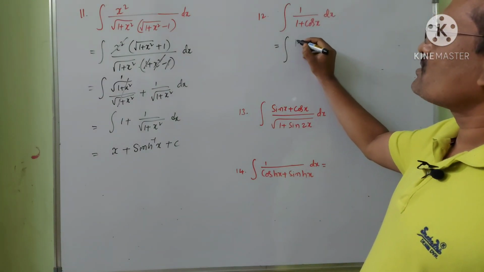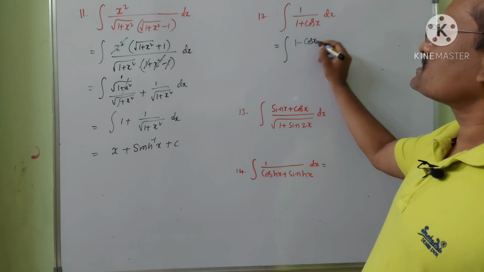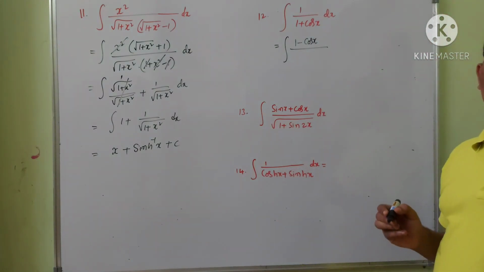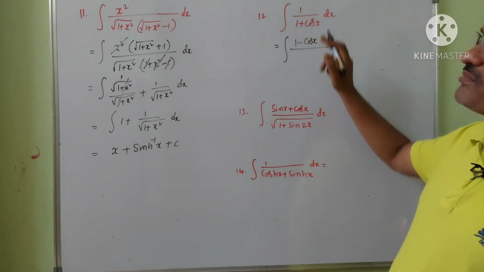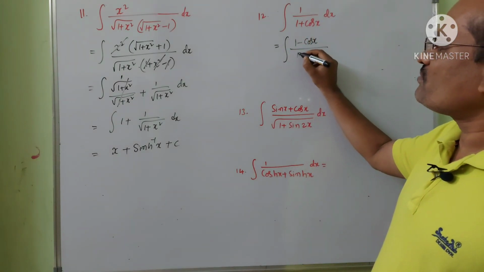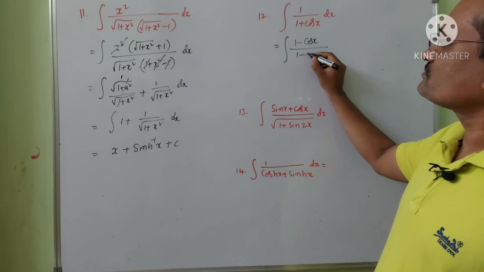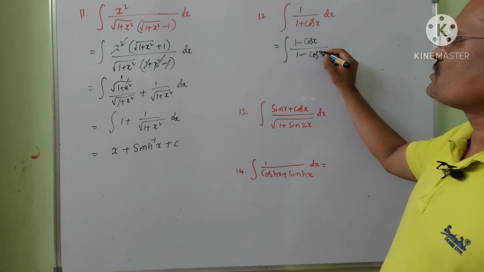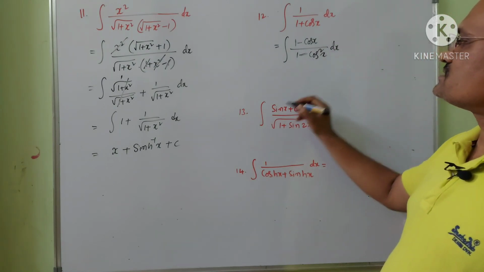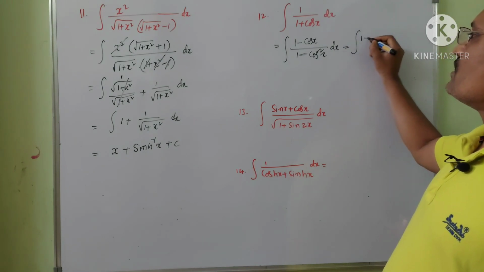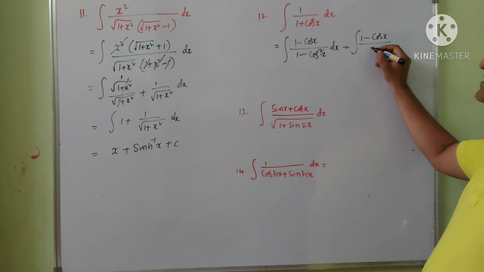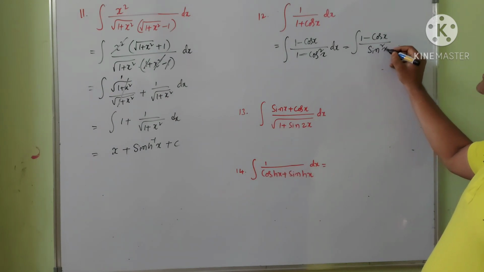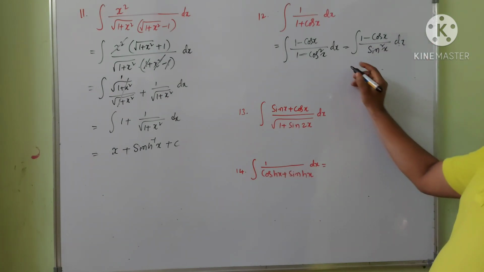1 into 1 minus cos x is 1 minus cos x, and multiply the denominator with 1 minus cos x. 1 plus cos x into 1 minus cos x is 1 minus cos square x dx. 1 minus cos x by 1 minus cos square x is sin square x dx.